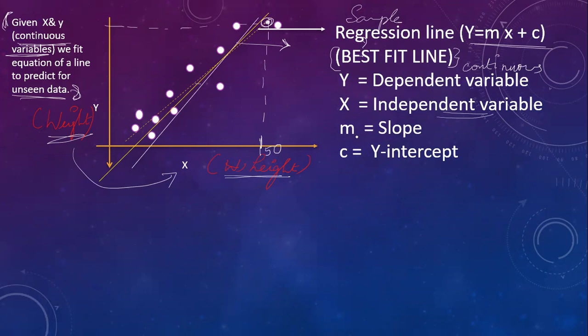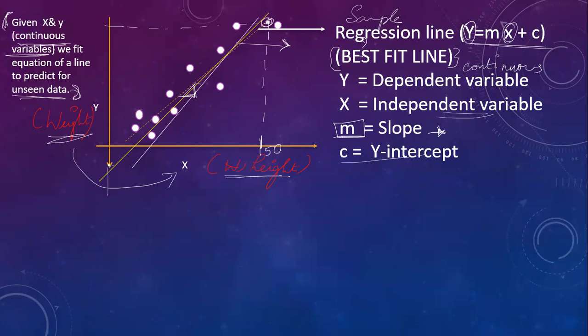Then what is m here? m is the slope. The slope will tell you how much change there is in the target with a unit change in the variable. So this slope will tell you that value. The next one is c. c is called the y-intercept.